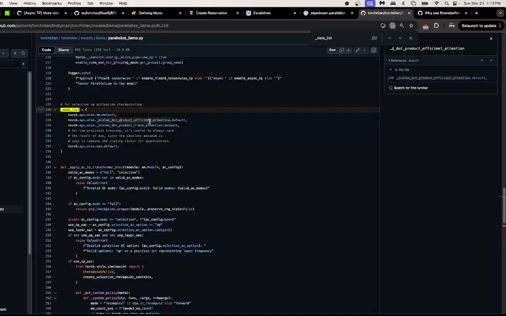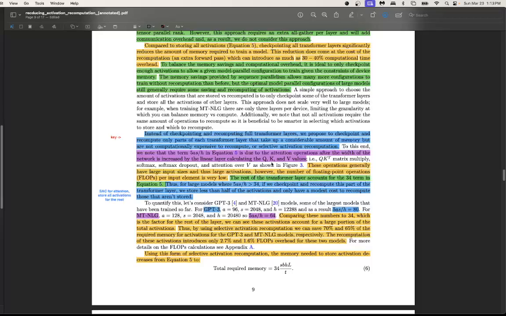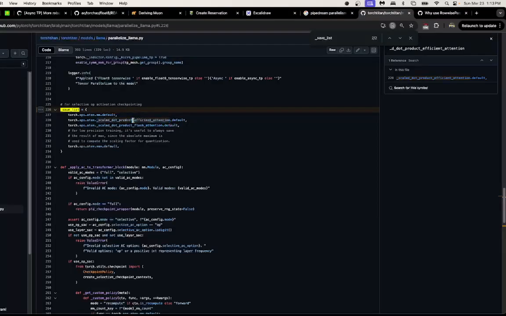And this makes sense, because we're storing the output of the layer, and to compute the gradients to continue backprop to the previous layer, we're going to have to recompute the QK transpose, the softmax, dropout, etc., to link up the layer output with the previous input, right?